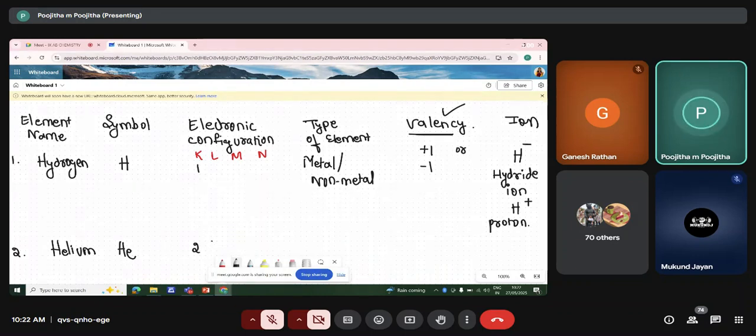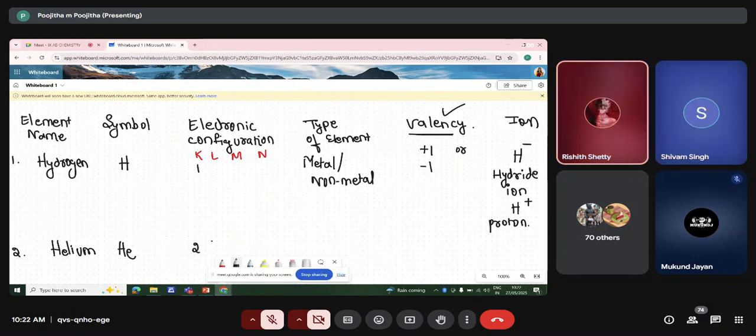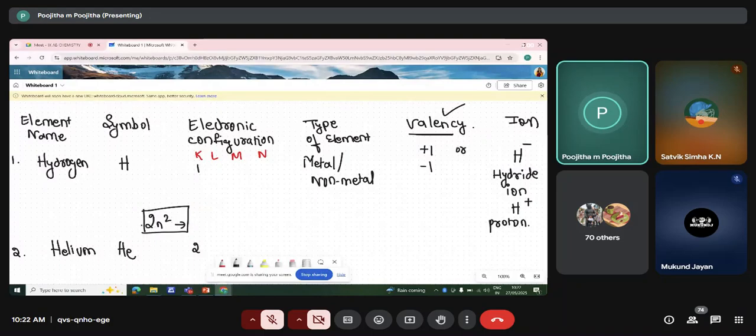What is the maximum capacity of K shell? 2. Why is it 2? The 2n square rule. Correct. According to your 2n square rule, which is also known as the Bohr-Bury rule, the maximum number of electrons in a given shell is given by the formula 2n square.